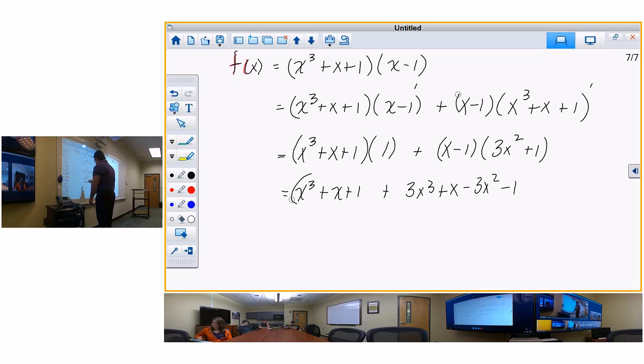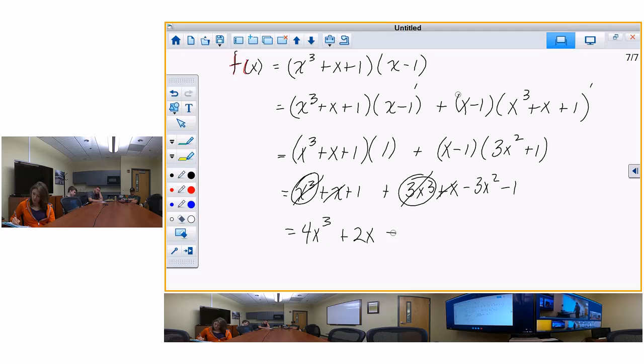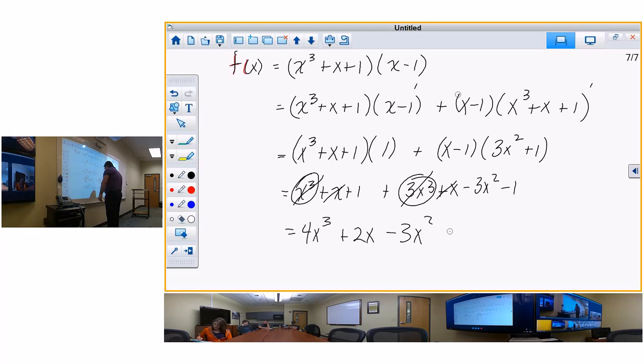And 1x cubed plus 3x cubed is 4x cubed. X plus x is 2x. Negative 3x squared. And the 1's cancel. So you're left with that answer.